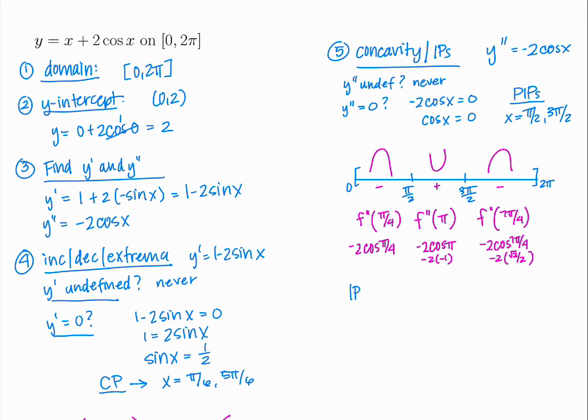So inflection point at pi over 2, comma, and now I need to plug pi over 2 into the original. So if I do that, pi over 2 into the original f of pi over 2, I get pi over 2, comma, pi over 2. Okay.